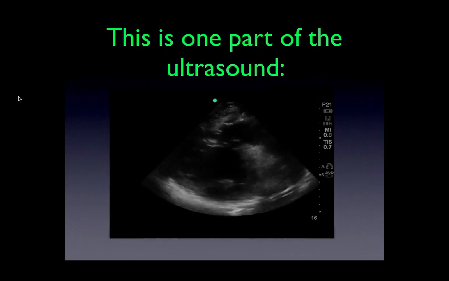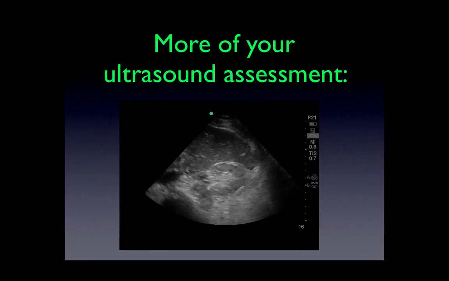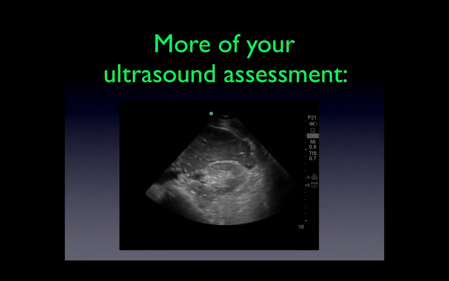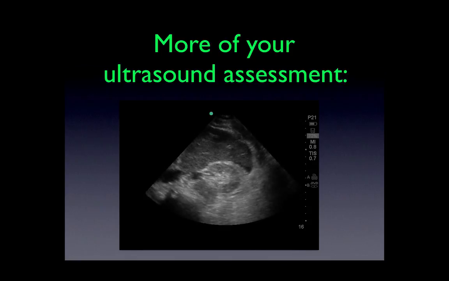We'll come back to this. As an additional part of your ultrasonographic assessment, another ultrasound was performed, and this one of the abdomen. Again, take a look at this, and we'll review this in short order as well.